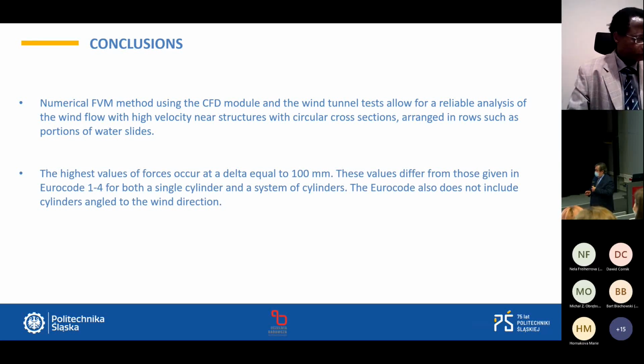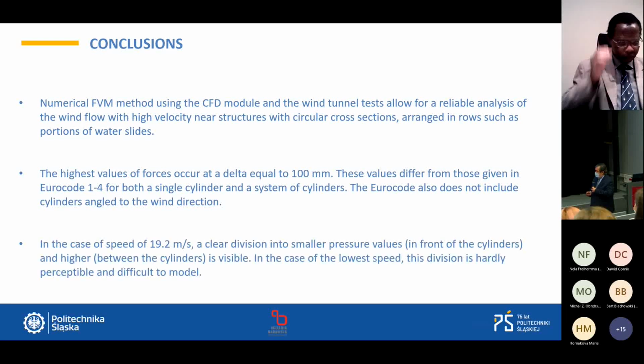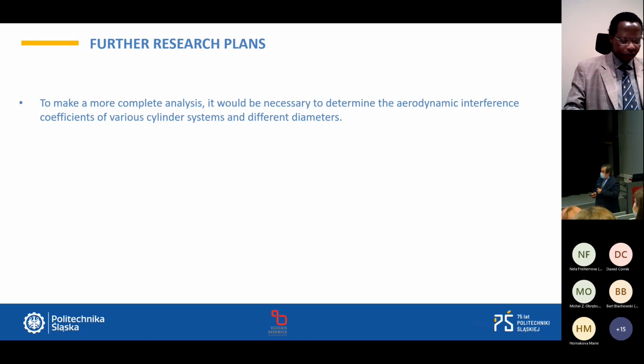And Eurocode does not give information on the influence if the wind direction is not normal to the structure but at some angle. In the case of a speed of 90.2, there was a clear division of smaller pressure values in front of the cylinder. In the case of lower speed, the division is hardly perceptible in the model.